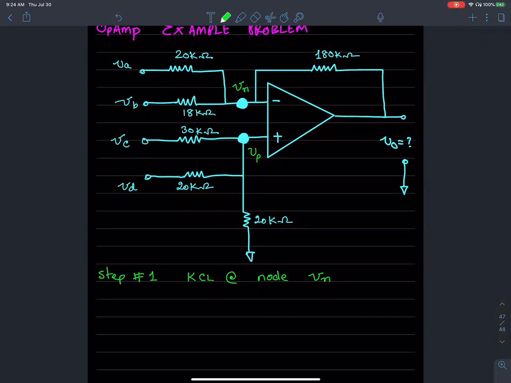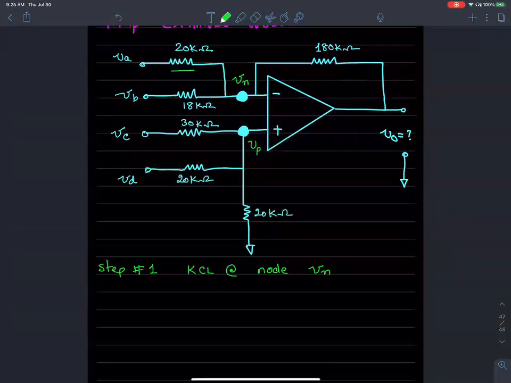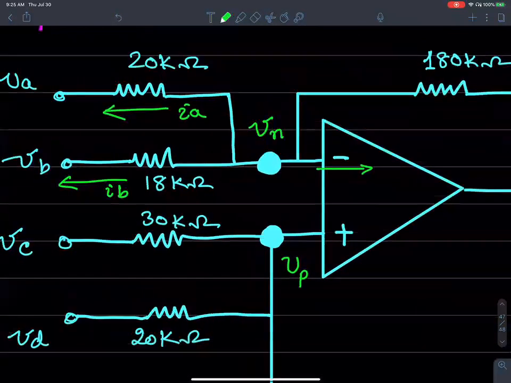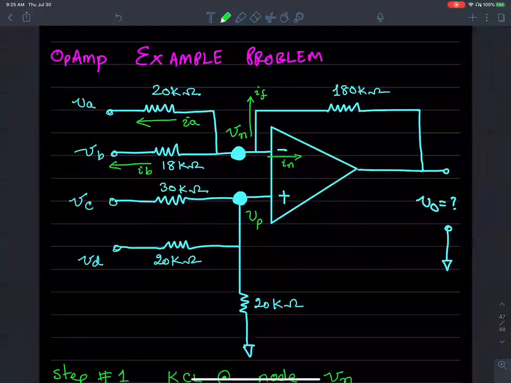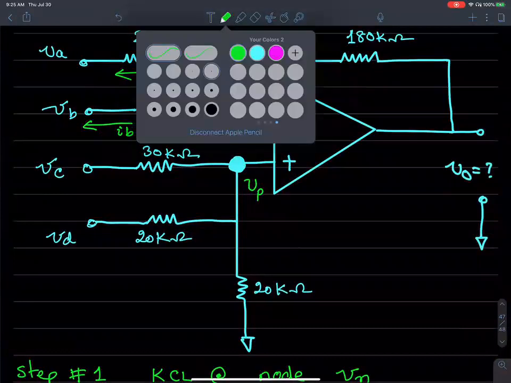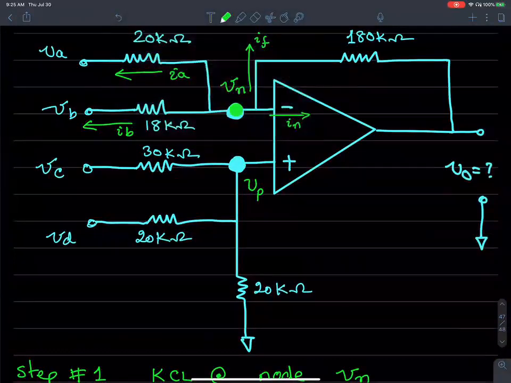At node Vn, I call this current Ia, this guy Ib, the current going into the right of the node In, and this current If.